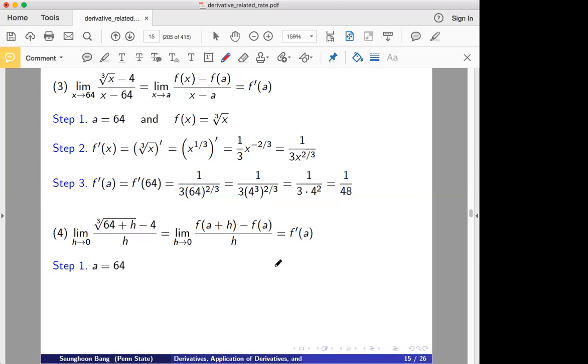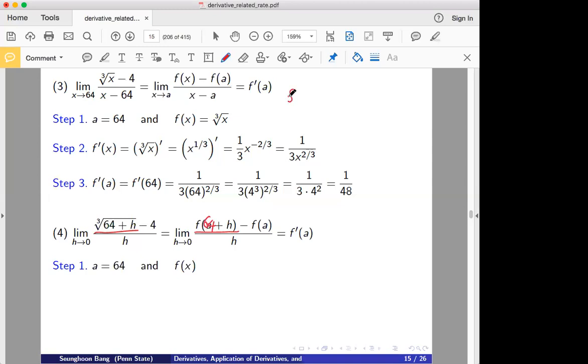What's f of x? Yes, cube root of x, same thing.